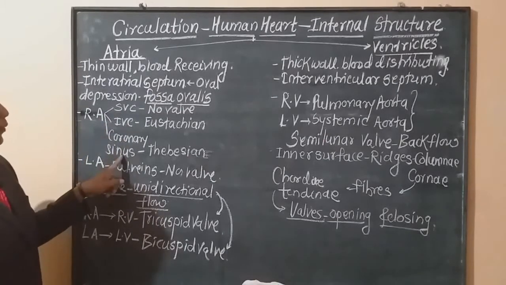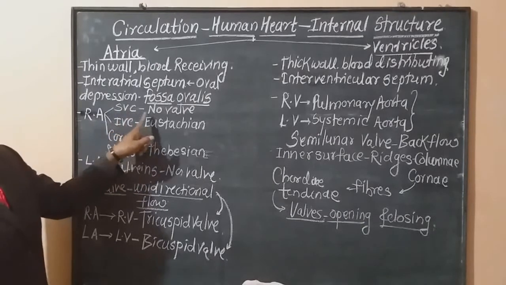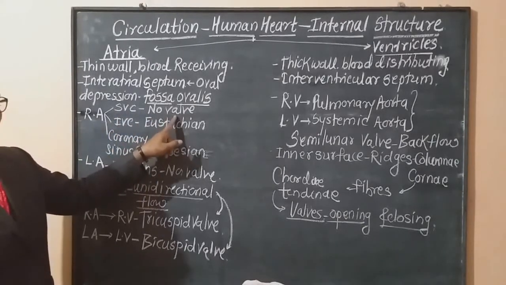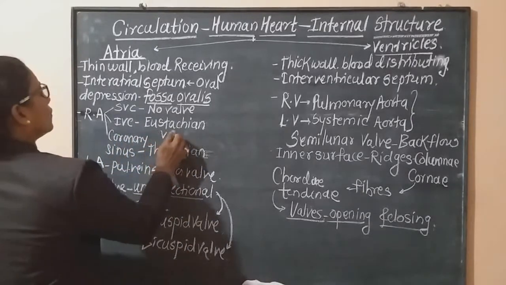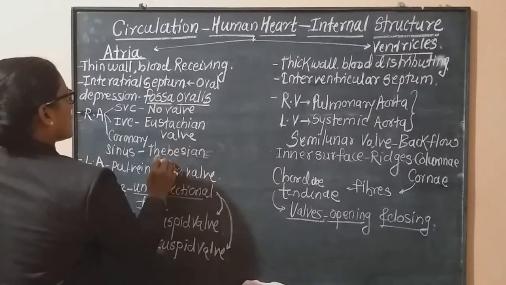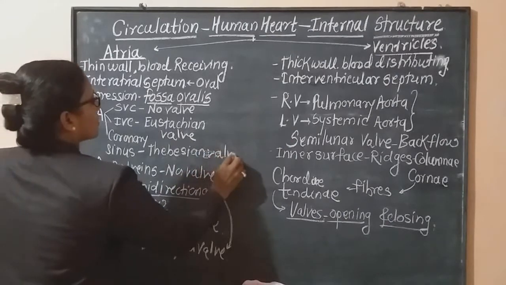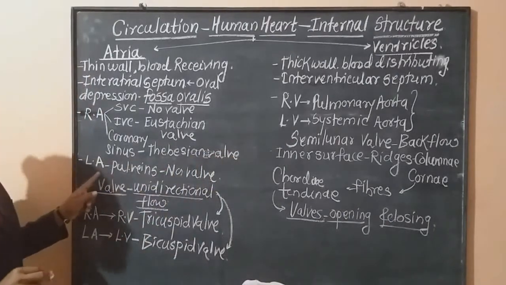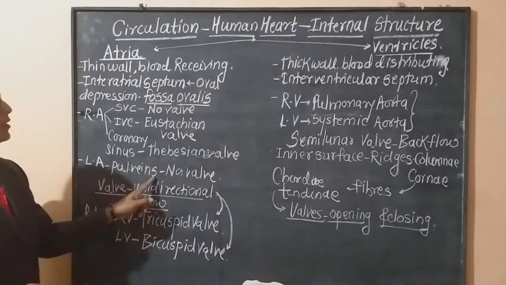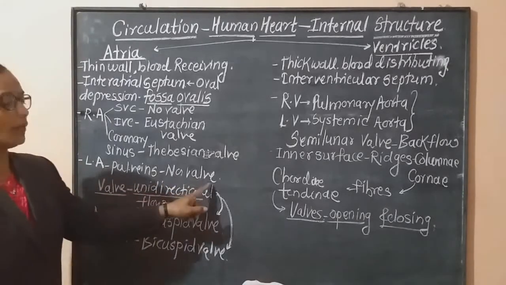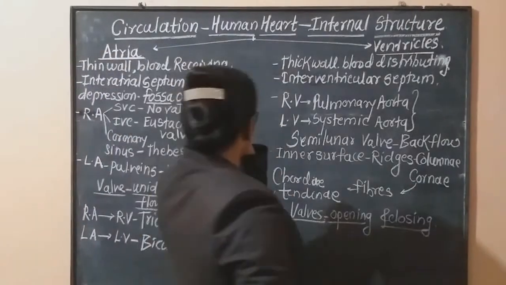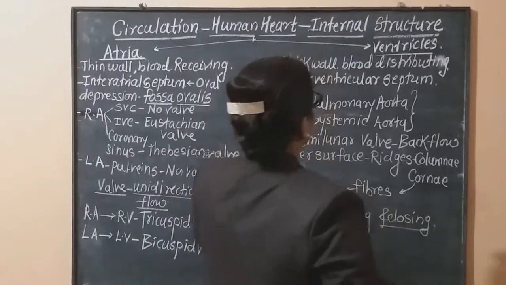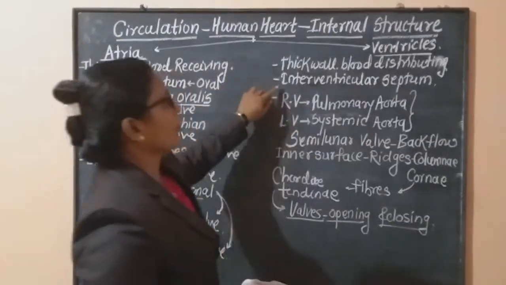The superior vena cava does not have any valve, the inferior vena cava possesses the Eustachian valve, and the coronary sinus has the Thebesian valve. In the left atrium, pulmonary veins open, but they do not have any valve. Now, the ventricles are thick walled and blood distributing chambers.